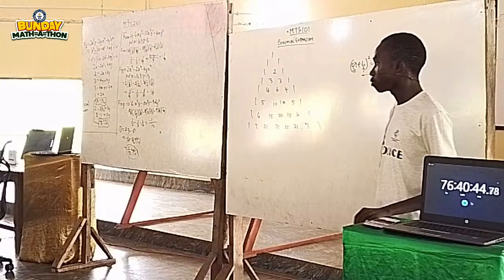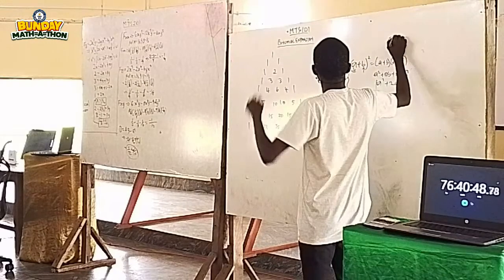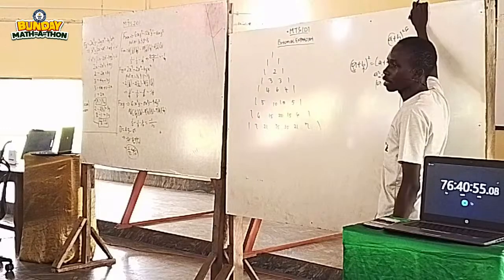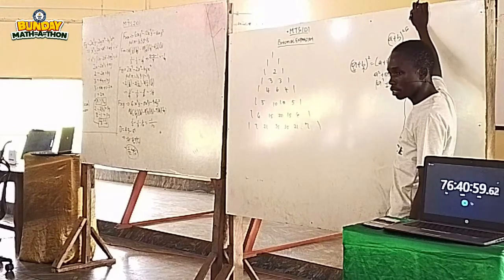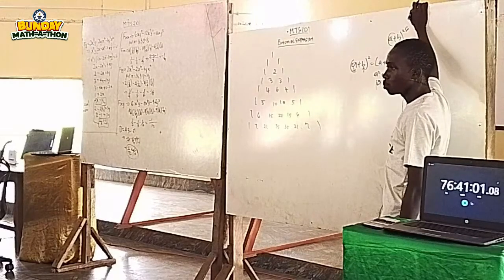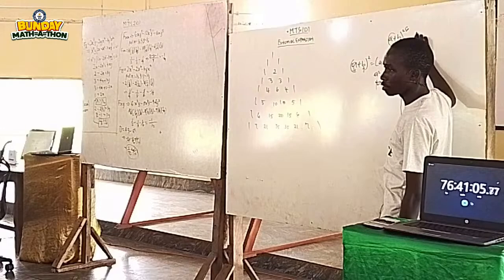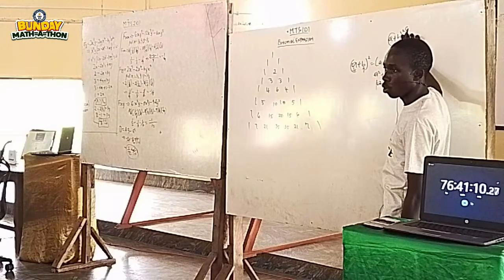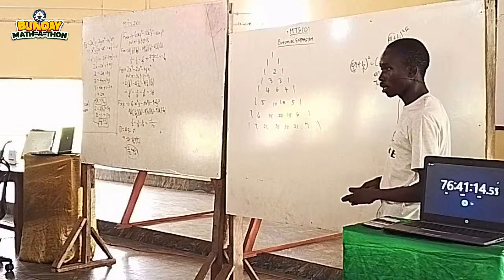For example, if we're expanding (a plus b) raised to power 26, you know that in this expansion you have different terms with different powers. Now, all the powers of the terms, when you add them up together, must not be greater than your original power. Is that clear? Okay, good.